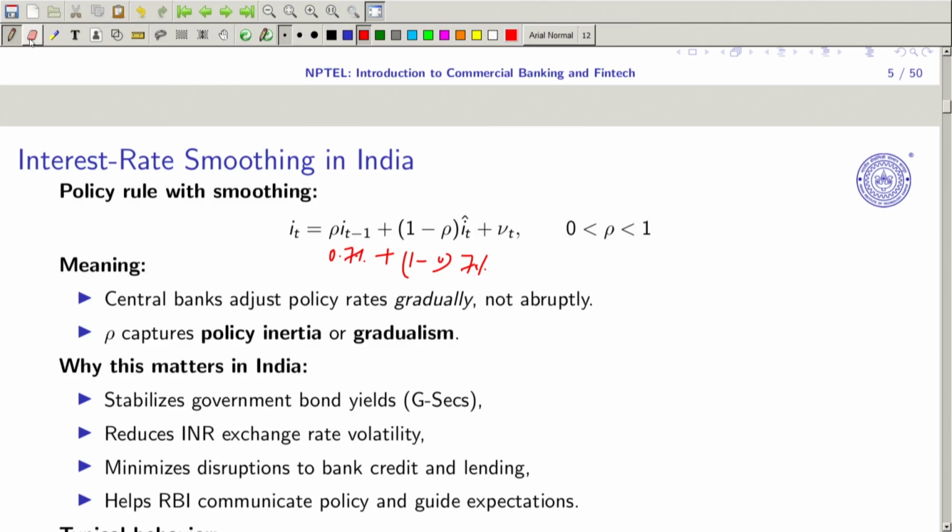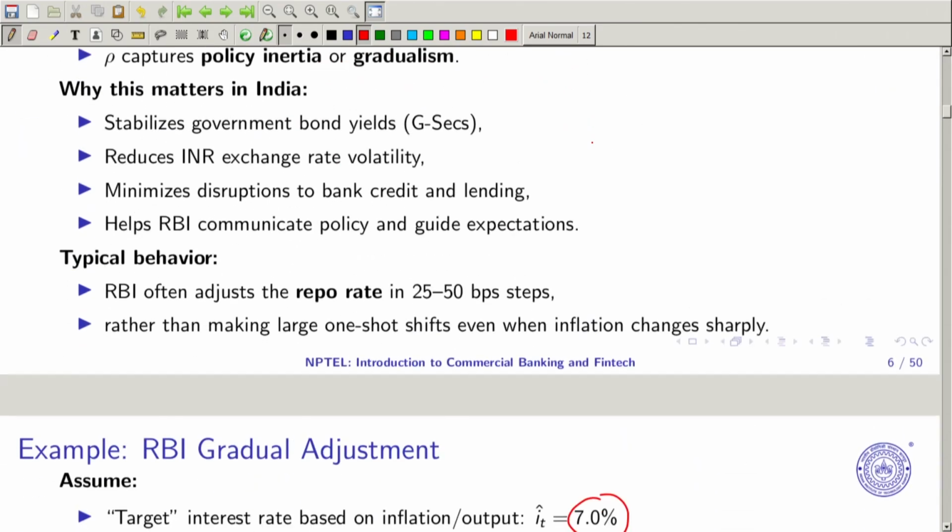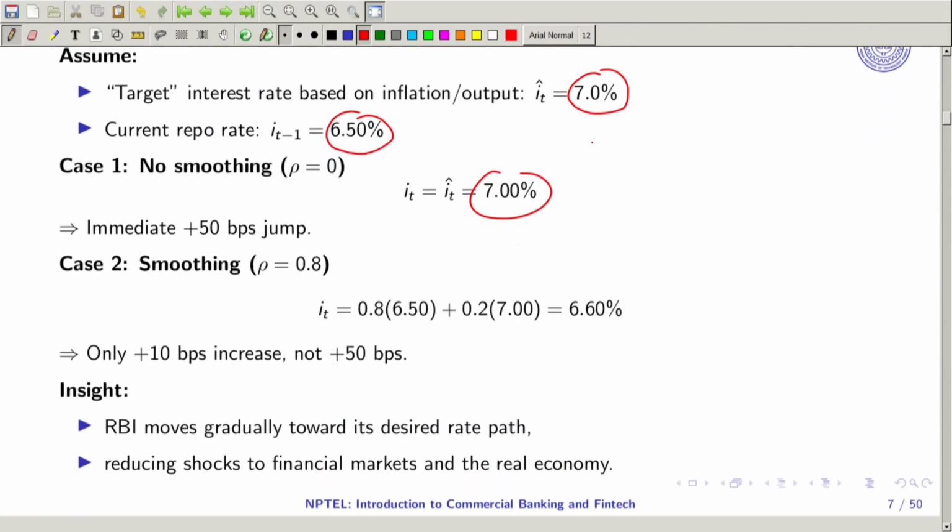So here it is 0 into 6.5, so this becomes 0. What we get is that your nominal interest rate will be equivalent to 7%. So i_t is equal to i_t hat, which is 7% here.